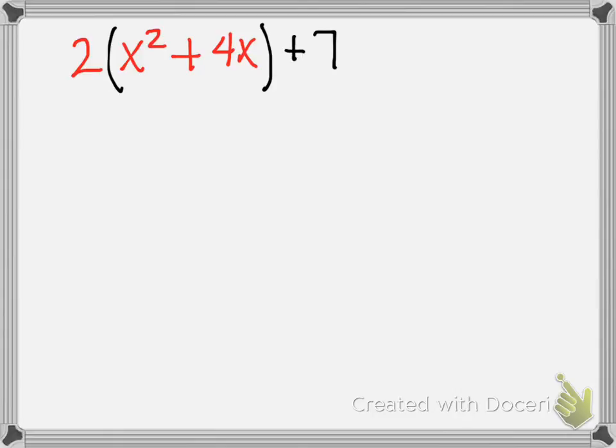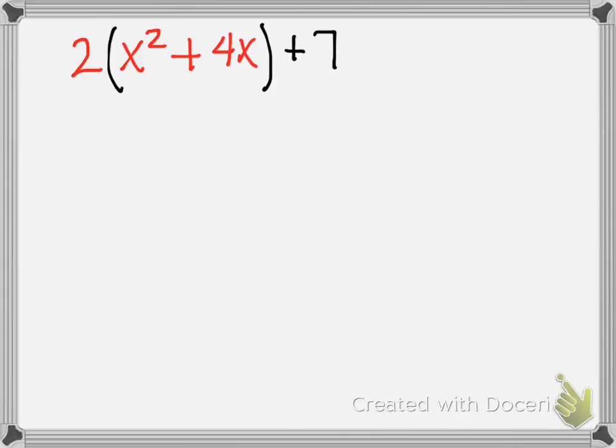Now notice inside the parentheses you have x squared plus 4x. You have to look at x squared plus 4x as the a being 1, inside the parentheses only. We're focusing inside the parentheses. The a is 1, the b is 4.